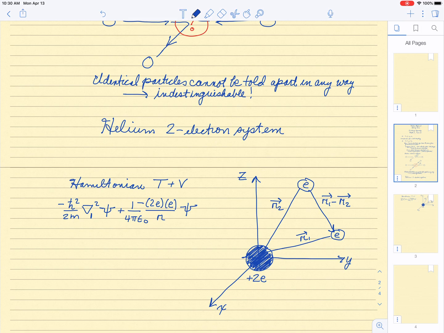Then we can write the Hamiltonian for the second electron, just minus h bar squared over 2m del squared operating on psi plus 1 over 4 pi epsilon 0 negative 2e times e over r operating on psi.